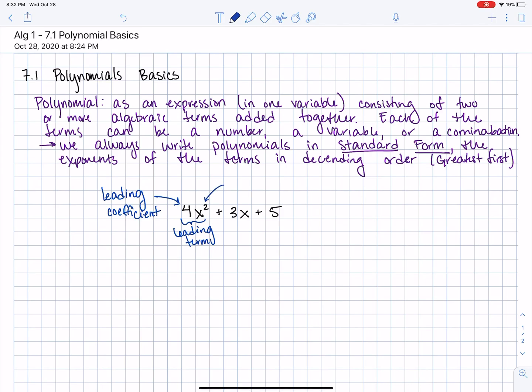Well, this right here is the degree, or what we call the degree of a polynomial, which is the largest exponent in the polynomial.